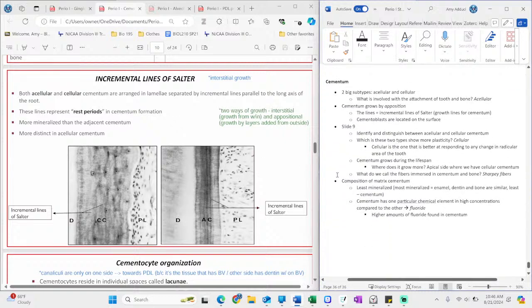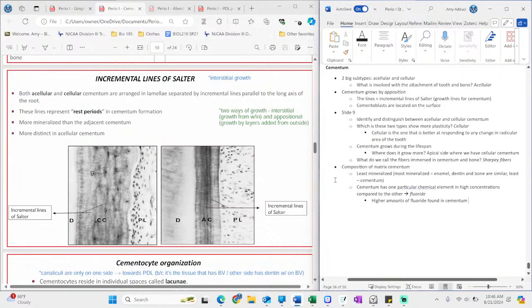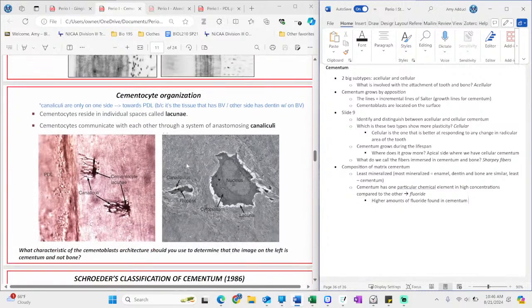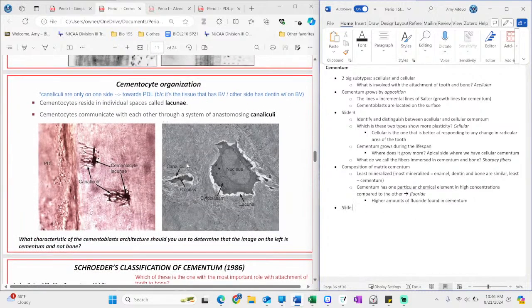Then, here, because the tissue is mineralized, can diffusion of nutrients and oxygen happen when you have mineralized tissue? It can't.